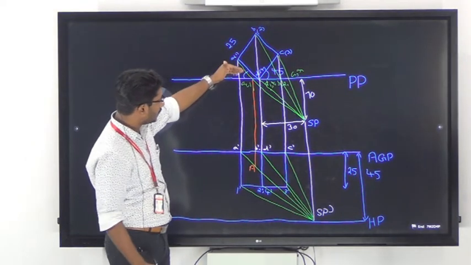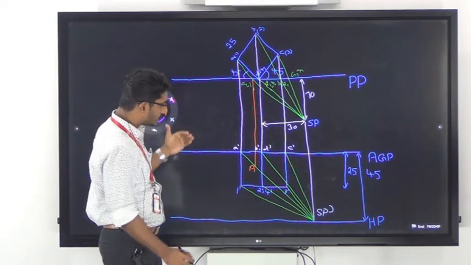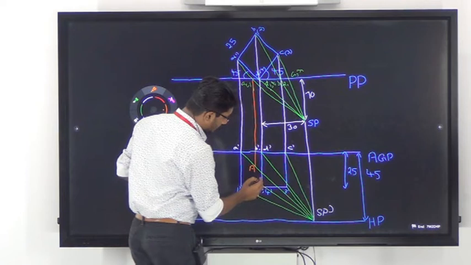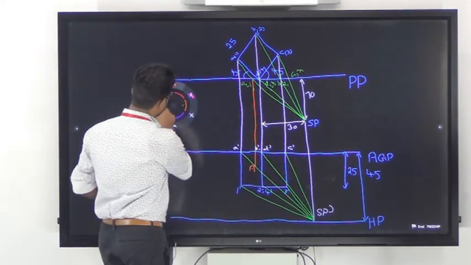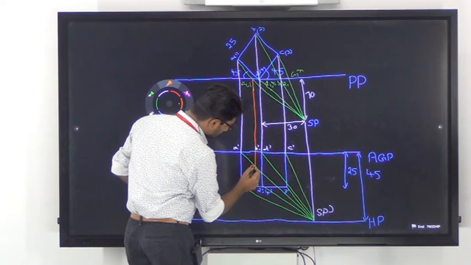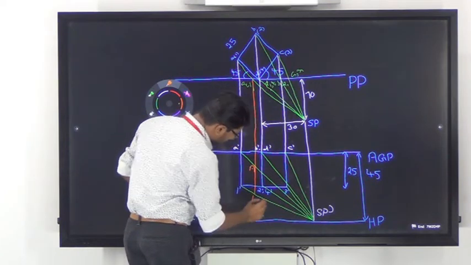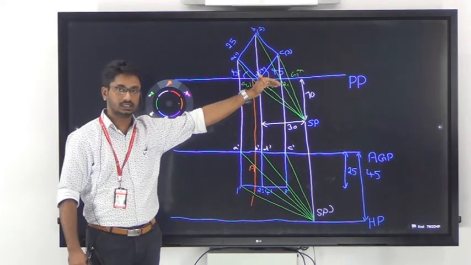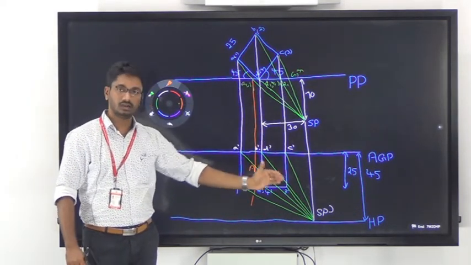Similarly, the line drawn from the point 1, 1 meets the line joining 1 dash and SP dash at the point 1. Similarly, you can find all other points like capital B, C, D, 2, 3 and 4.